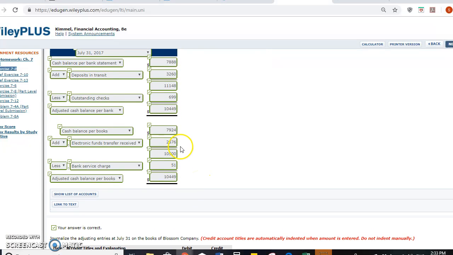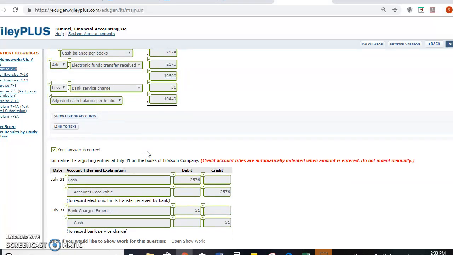Now below, we mentioned that we hadn't recorded that electronic funds transfer that was received on our behalf by the bank, so we need to account for that. So we will write in here that we are debiting cash because we received that money, and we are crediting accounts receivable because we no longer need to receive it.